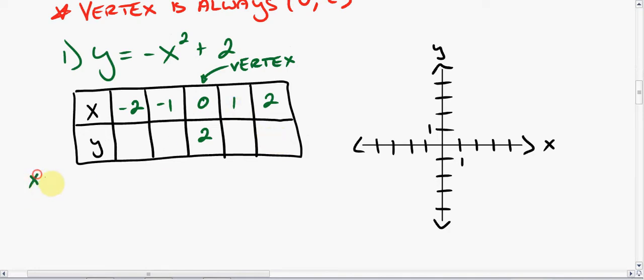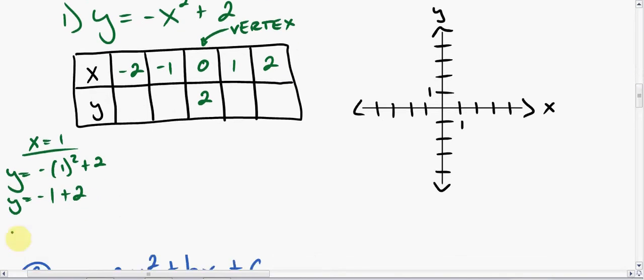So I'll start by plugging in x equals 1. So y equals the opposite of 1 squared plus 2. 1 squared is 1, so the opposite of 1 plus 2. And I get a y value of y equals negative 1 plus 2 is positive 1.